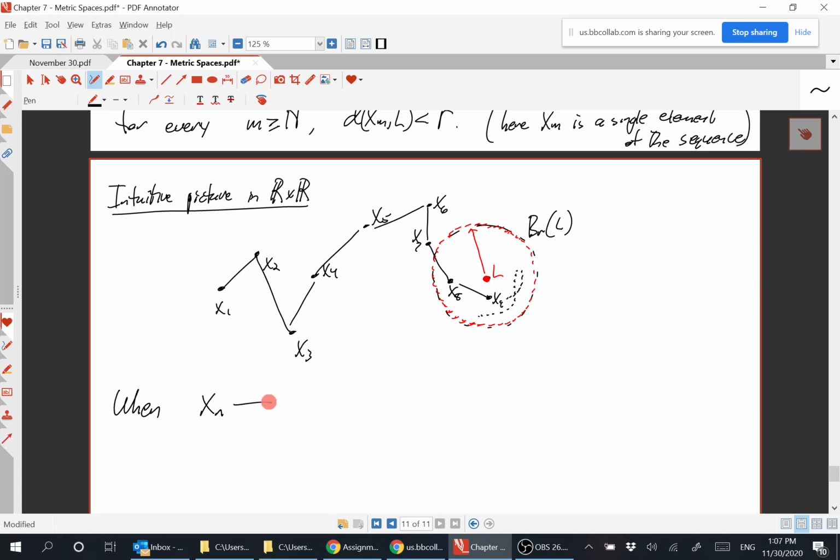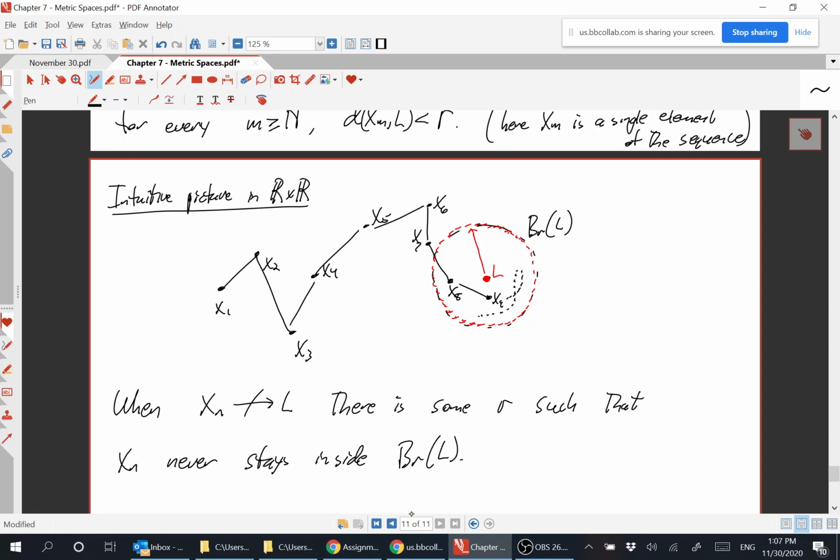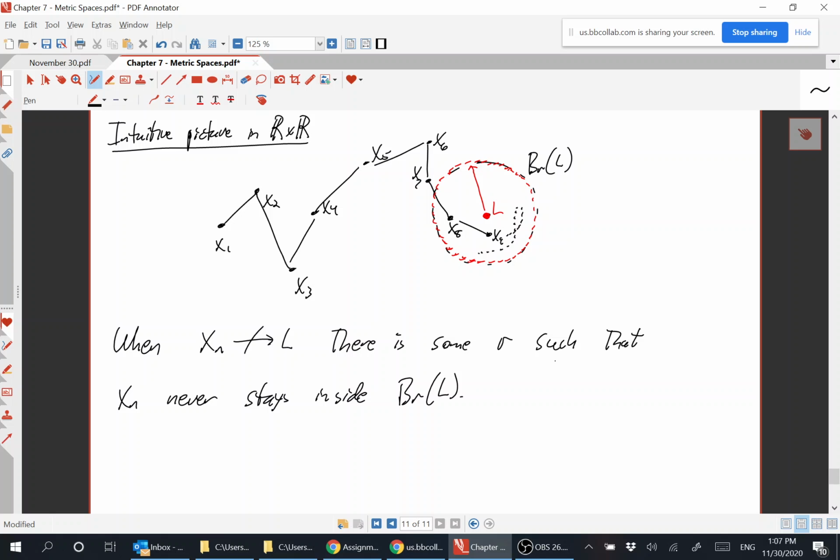When xn does not converge to L, there is some r such that xn never stays inside B_r(L).